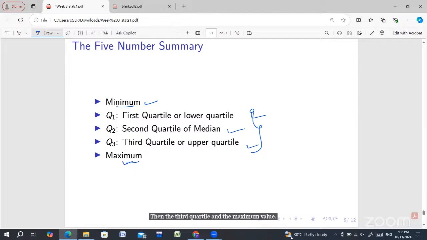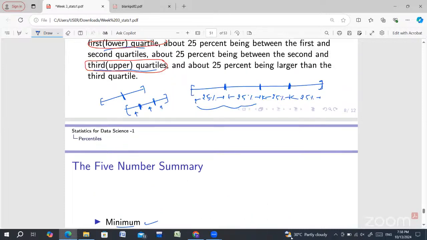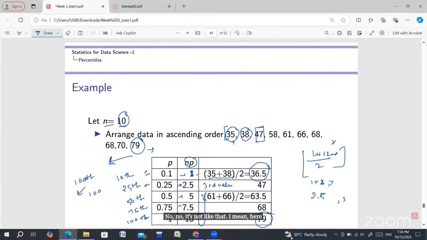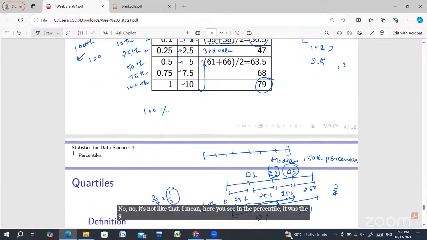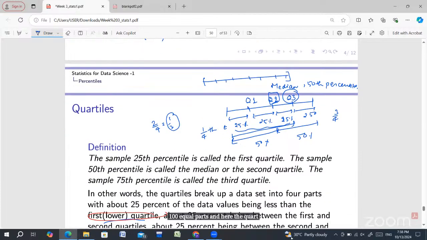Ma'am, so this means we can break it into 3 parts only, maximum. No, it's not like that. Here, in the percentile, it was the 99 points that were dividing your data set into 100 equal parts. And here the quartiles divide the whole data set into 4 equal parts.